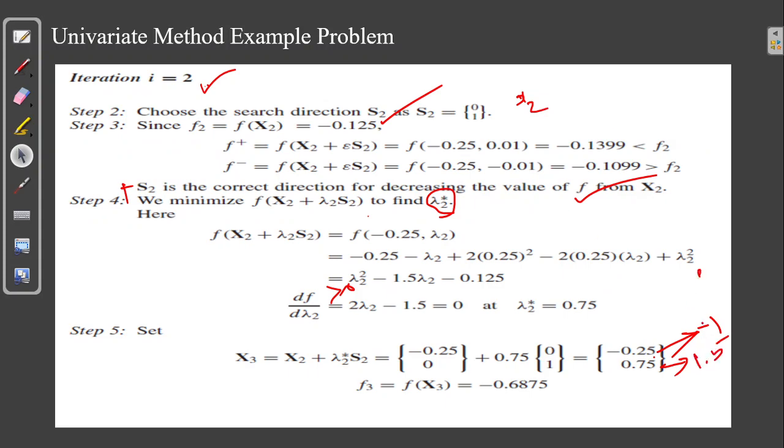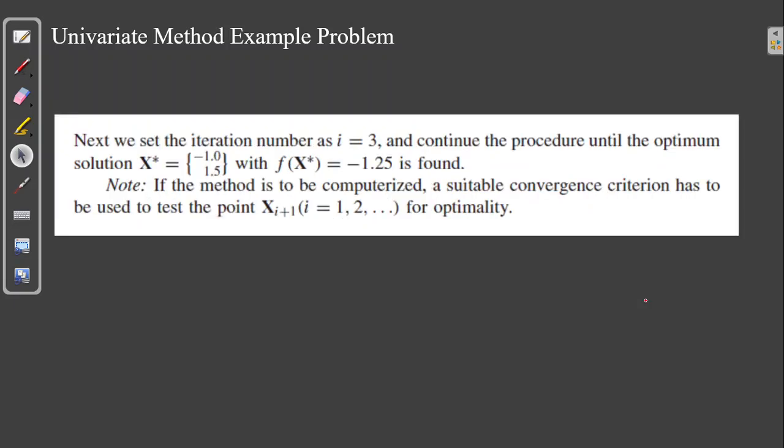So just imagine how many iterations are required. A large number of iterations are required actually. That is the main drawback of this univariate method. And the optimum value of our model, f of x star equal to minus 1.25, is obtained.